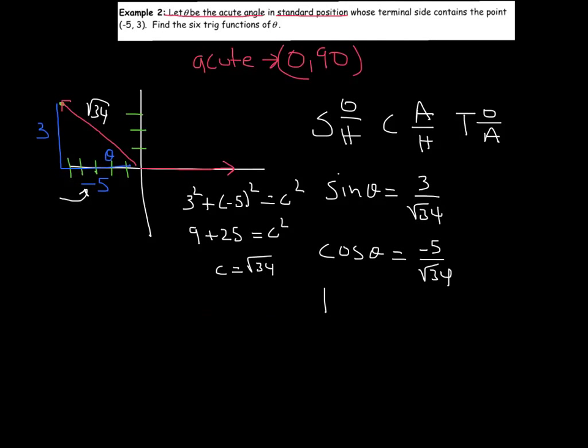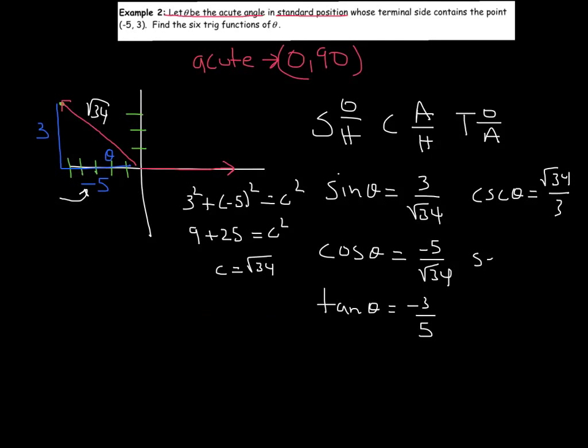And then tangent of theta is going to be opposite over adjacent, so -3 over 5. And now I'm going to say cosecant of theta. It's going to be the flip of the sine, so that's going to be root 34 over 3.